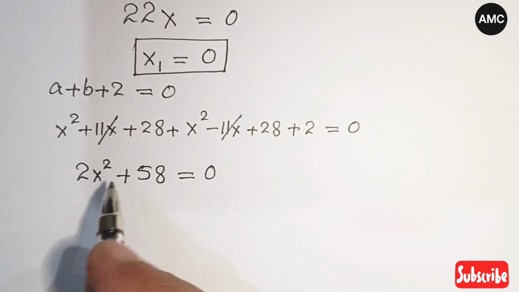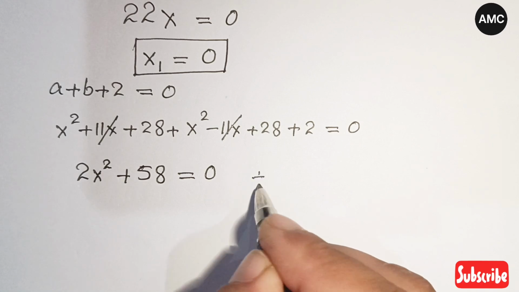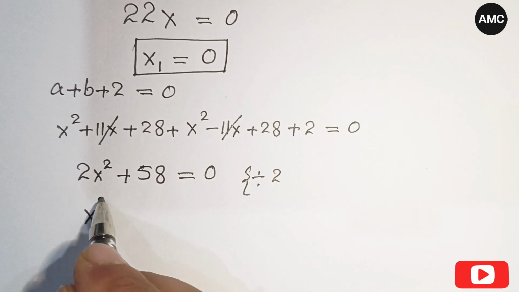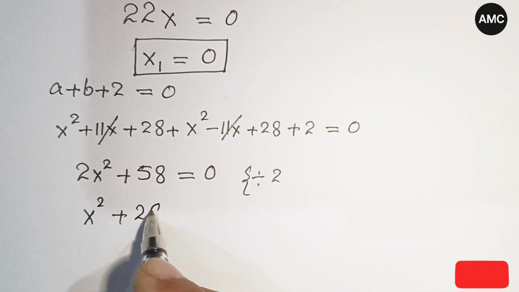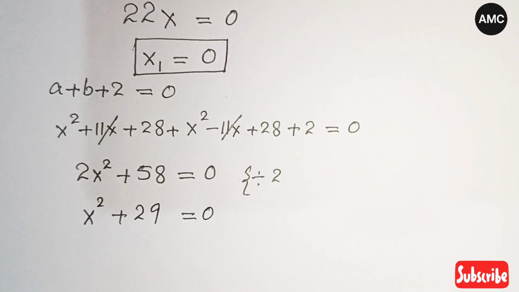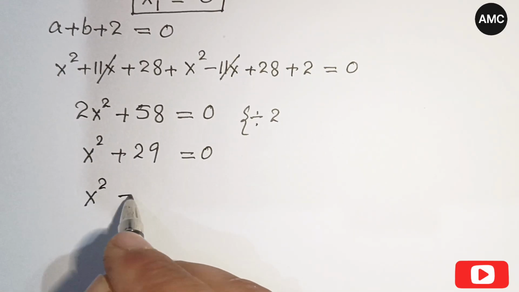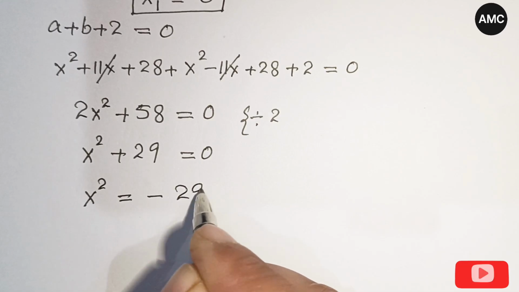Now if we divide this equation by 2, we get x squared plus 29 is equal to 0. For finding the value of x, shifting this one, we get x squared equals minus 29.